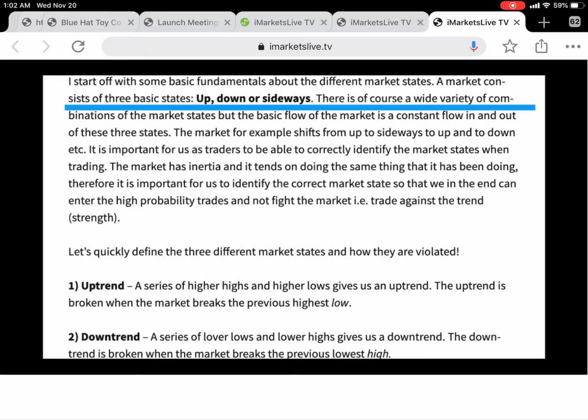We have to know. The market has inertia, and it tends to keep doing the same thing that it's been doing for the longest. Therefore, it's important for us to identify the correct market states so that we can enter the high probability trades and not fight the market.